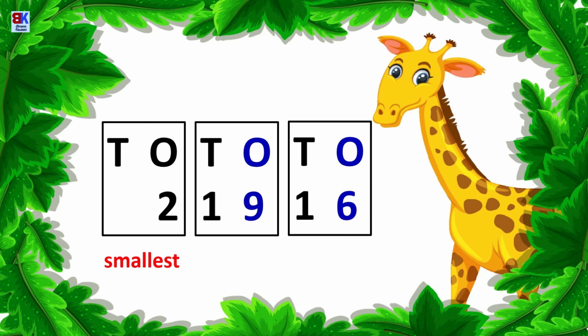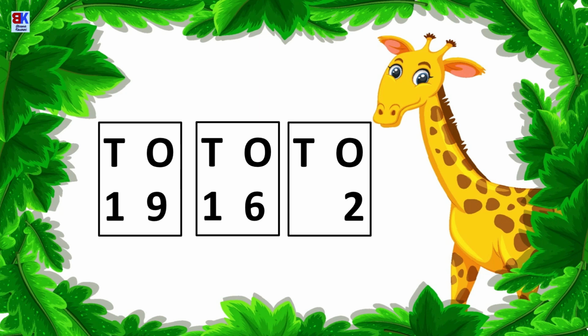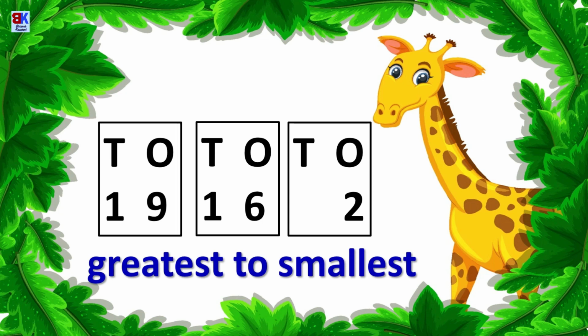Here 9 is greater than 6. So we have 19 greatest and 2 as the smallest. Arranging them in descending order would be like 19, 16 and 2. That is, from greatest to smallest in descending order.